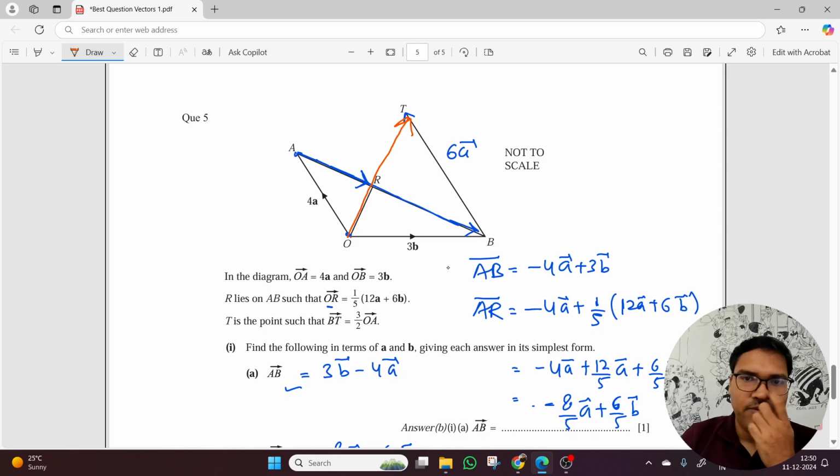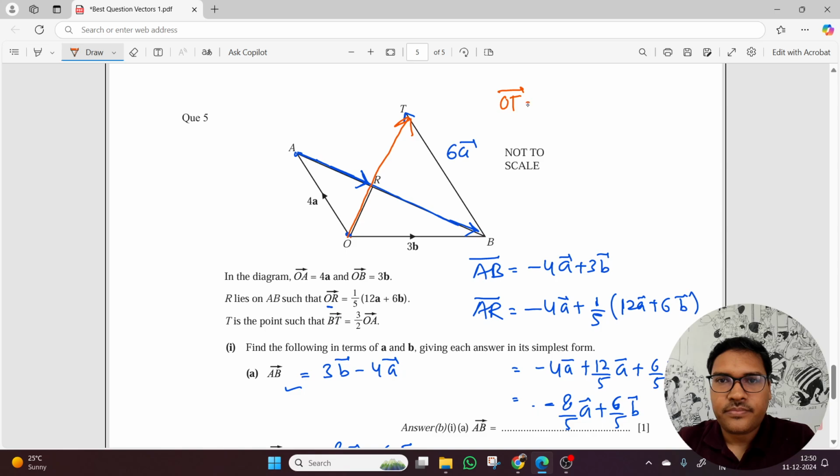Now, how will you get OT vector? OT vector is equal to, you go from O to B, which is 3B vector, then B to T, which is plus 6A vector. So this is the expression for OT vector.